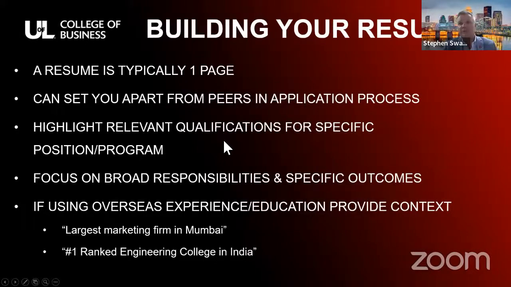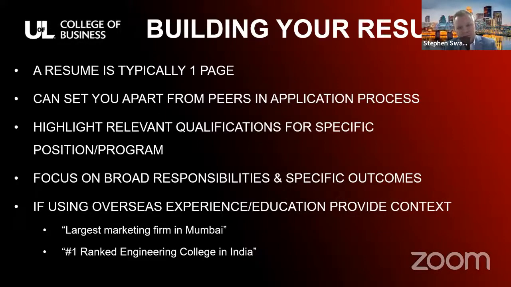So again, 1 page, highlight your relevant qualifications and education for the program or the position, right? If you are applying for your MBA or your analytics Masters of Science, we don't really want to see that you were on the volleyball team, or that you had some extracurricular.